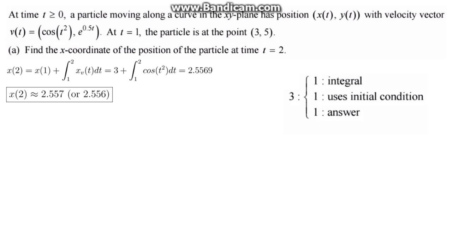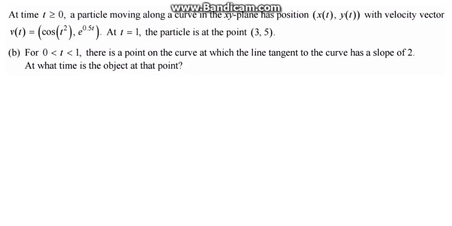We have 1 point for having the correct integral setup, which is the integral from 1 to 2 of cosine of t squared dt, another point for using the proper initial condition of x(1) equals 3, and a third point for having the correct answer of 2.557 or 2.556.